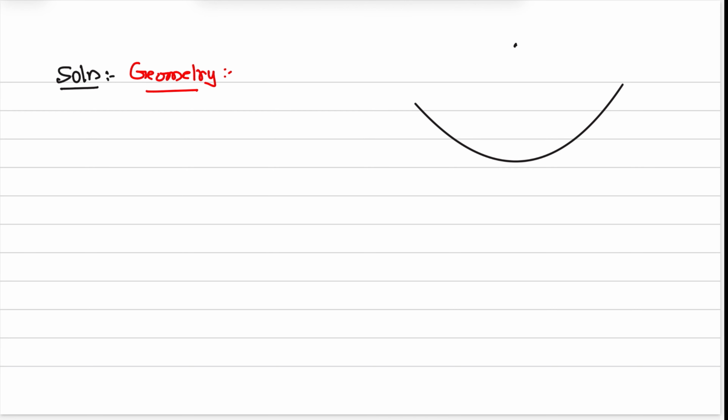Let there be a small sphere with radius r. Small sphere radius is r, capital sphere radius is capital R. Then from the point of view of the center of mass, let this angle be theta naught.